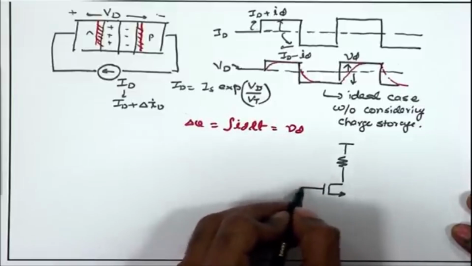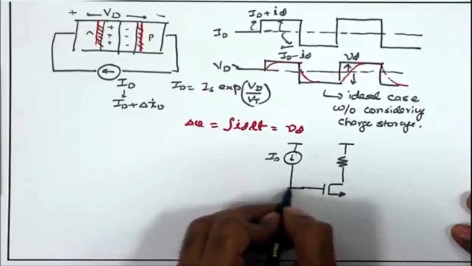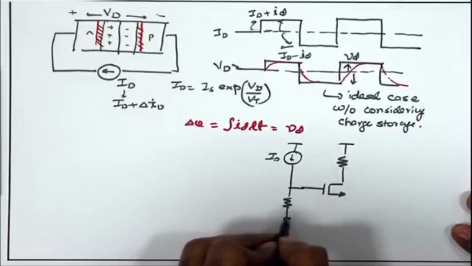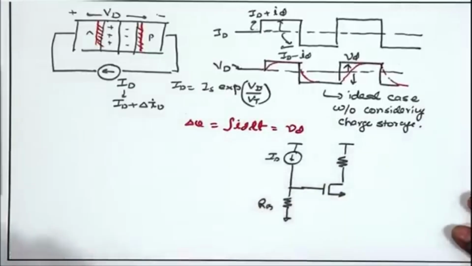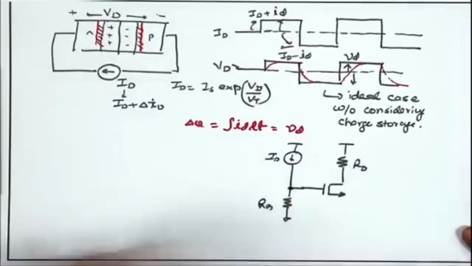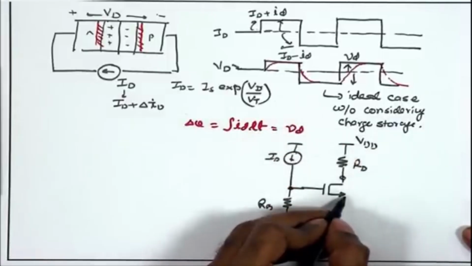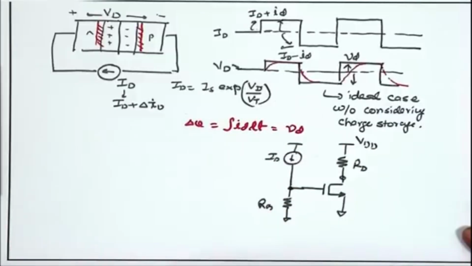Suppose you have an ideal current source ID, which you are supplying to a resistance RG, which is connected between the gate of the MOSFET and ground. You have a RD connected between, say, VDD and the drain of the MOSFET, and the source is once again grounded.